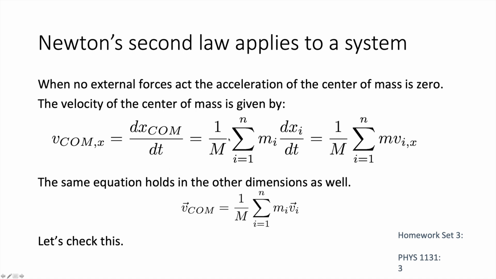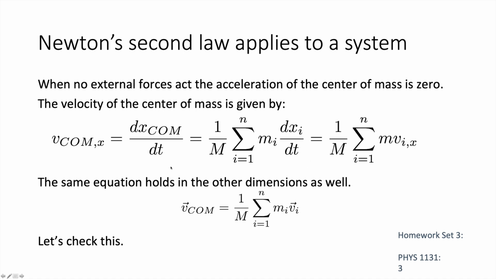So we can do that as 1 divided by the total mass, because that's independent of time, times the sum of the little masses, and then we've got dx_i/dt, which is just the velocity of each of those particles i in the x direction.